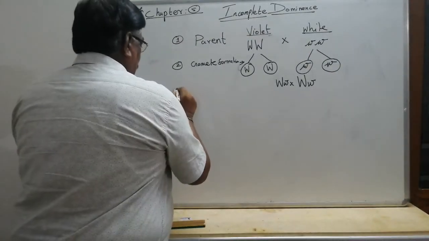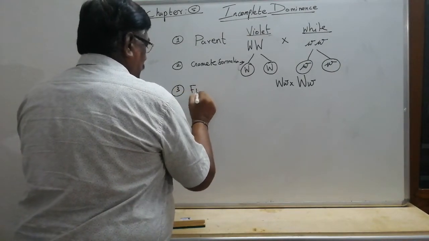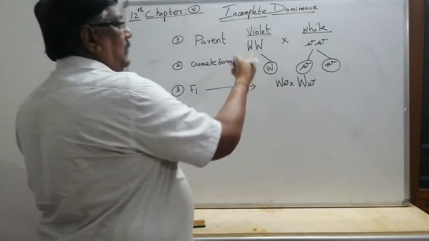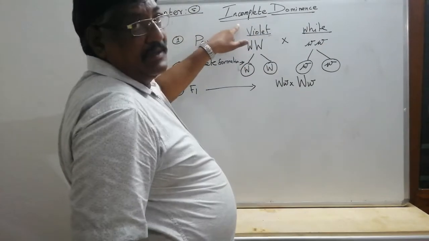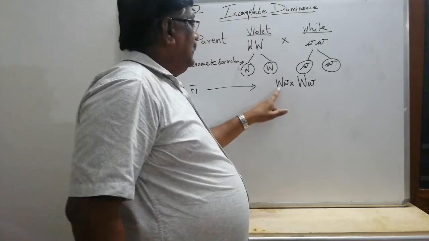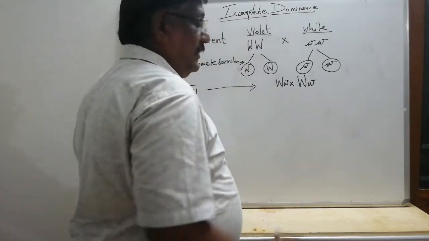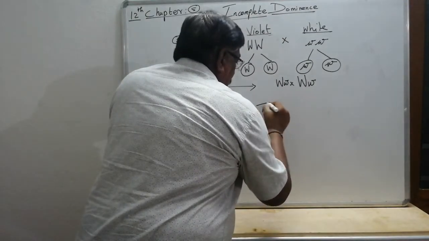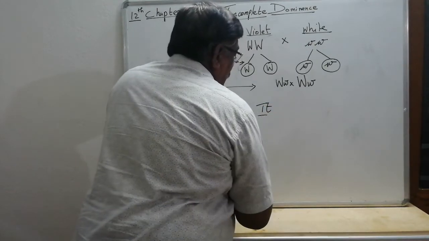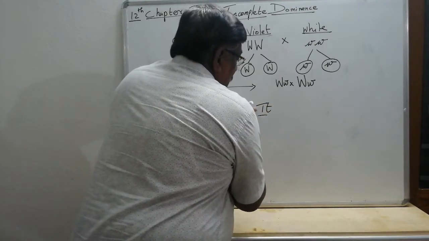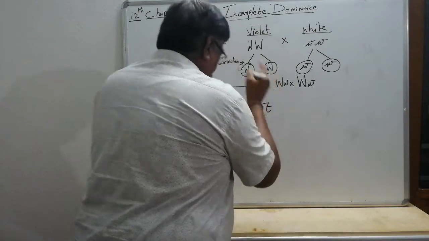So in the F1 generation, all are, what will be the color? Can you tell? We are saying capital and small letter. Capital T, small t means the law of dominance says this should be tall.